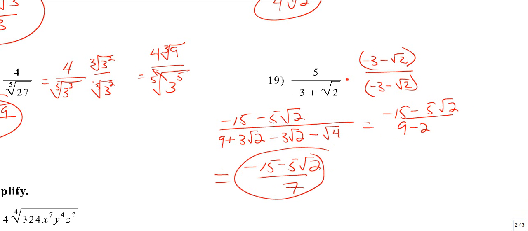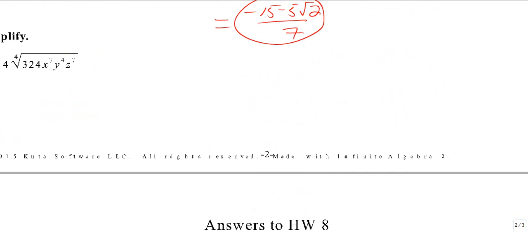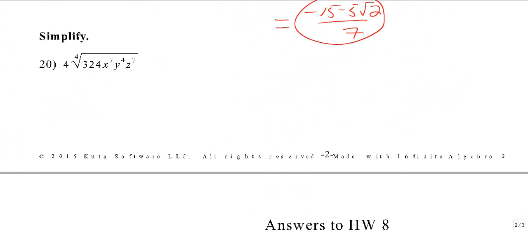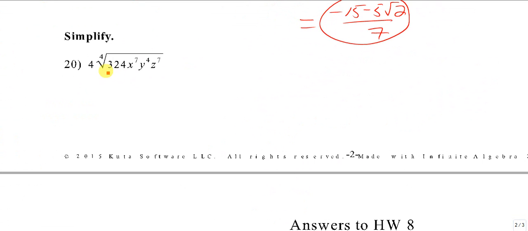And I think we're at the last one. Hopefully these are getting pretty easy. Well, I have a number, and I have some variables that have exponents. So let's go ahead and take this 324.